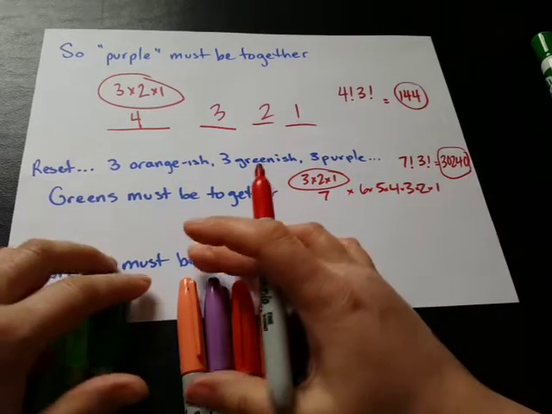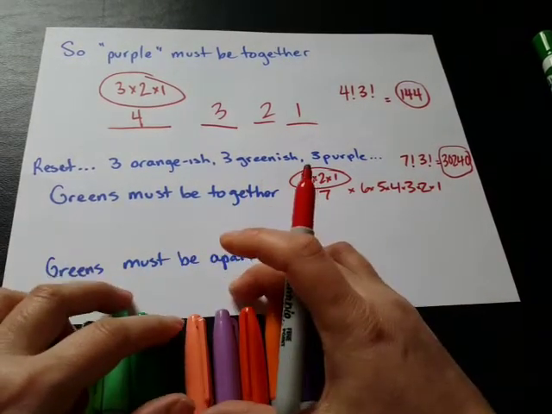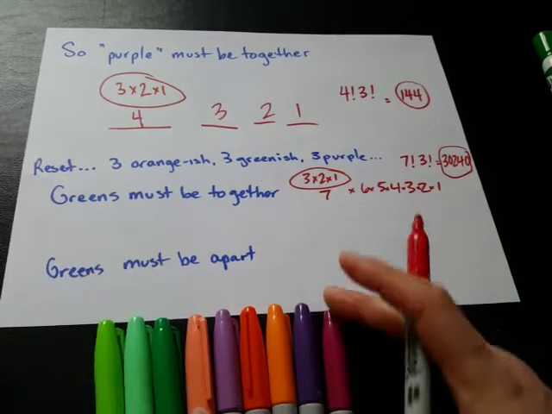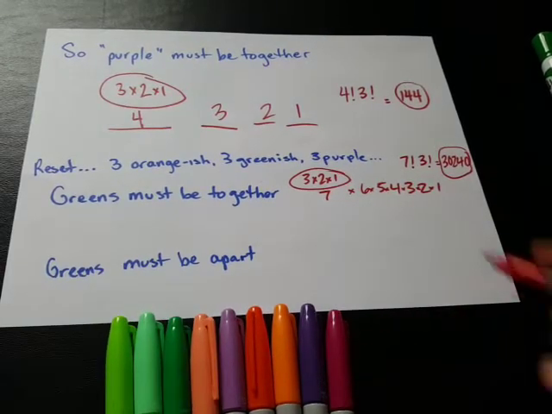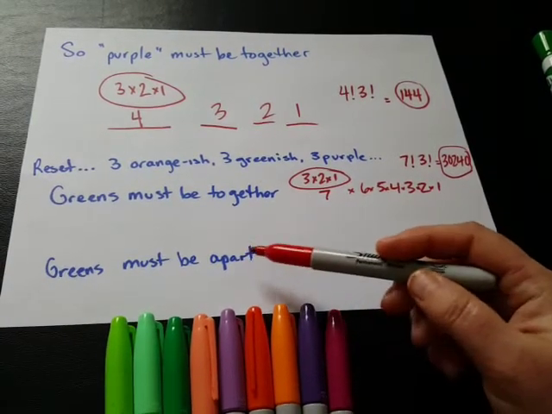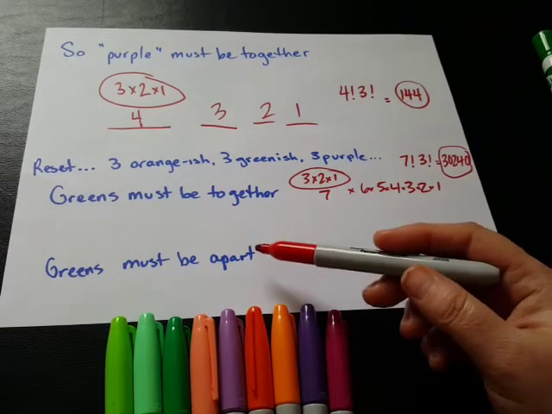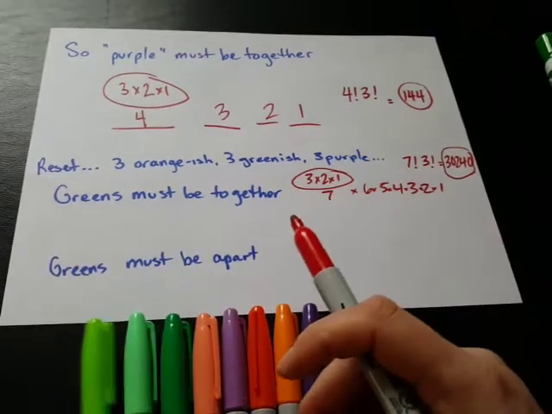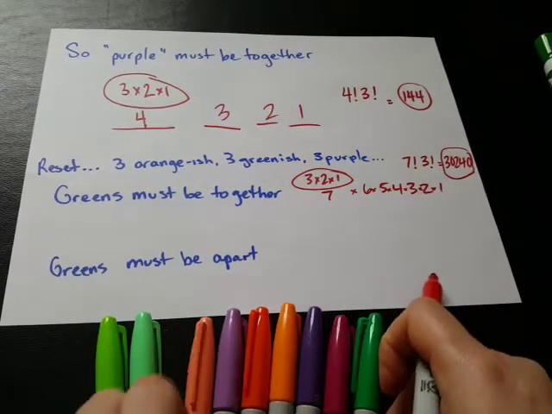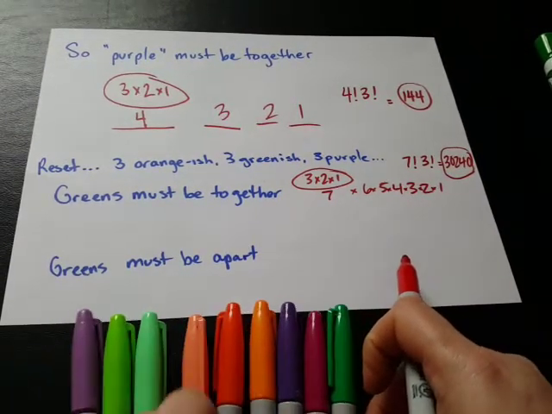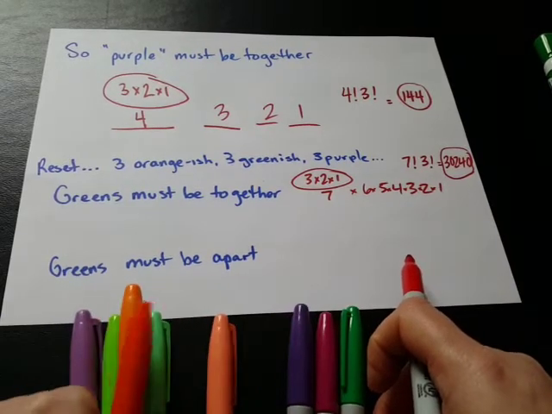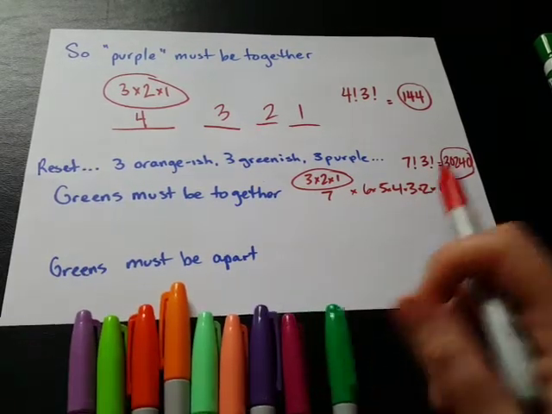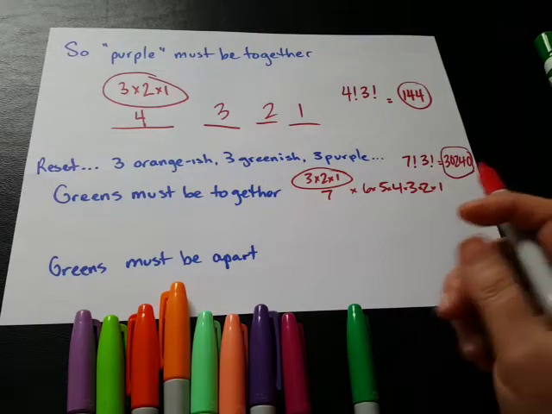Now, the last question is a bit of a trick question, especially if you didn't watch this video. The greens must be apart. There's so many ways that greens can be apart. This is not something that with fundamental counting principle we can actually calculate.